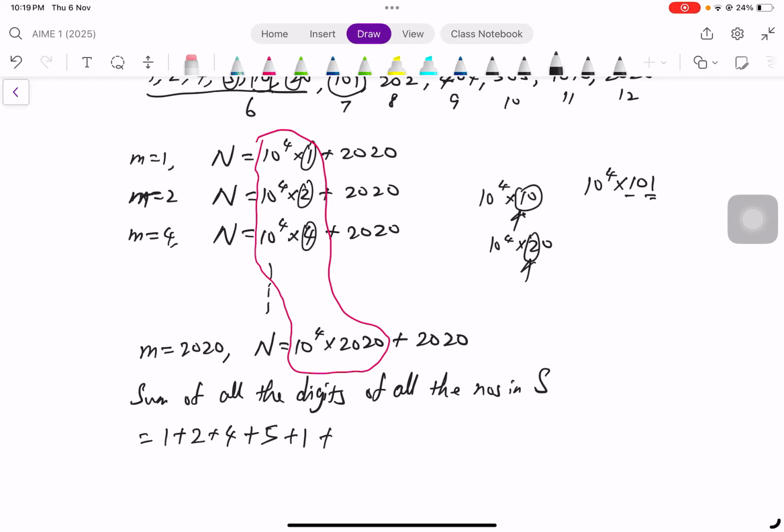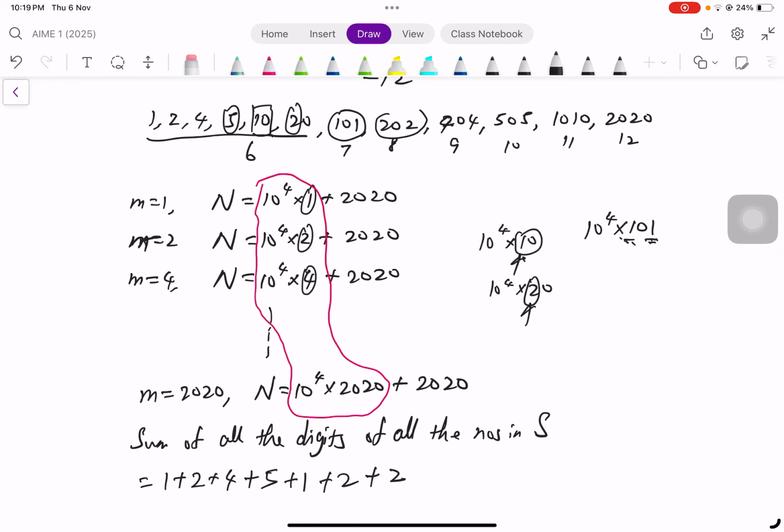When it comes to 20, it counts 2 only. 101 counts 2. For 202, 2 plus 2 is 4. Then 404 gives 8, and 505 gives 5 plus 5, which is 10. Then 1010, which is 10 to the power of 4 times 1010, counts as 1 plus 1, which is 2. And finally 2020, this part is 4.